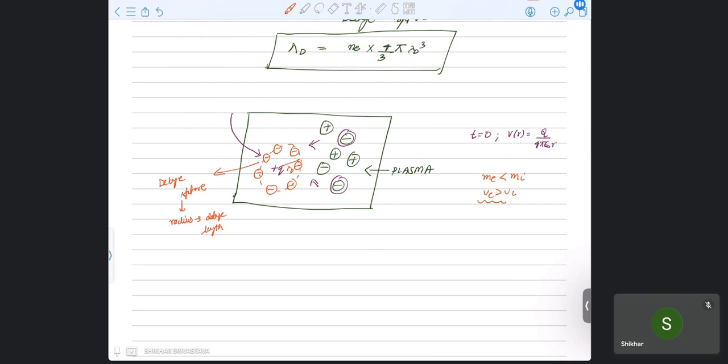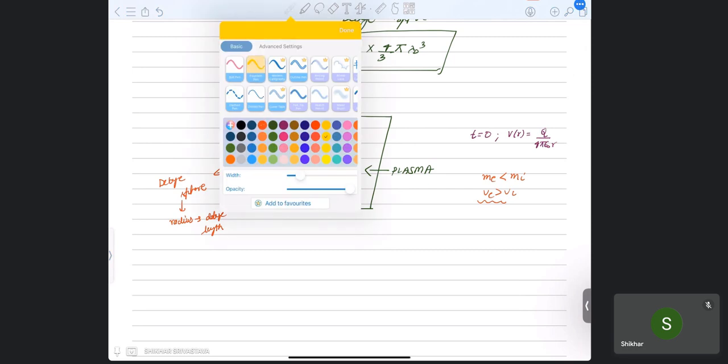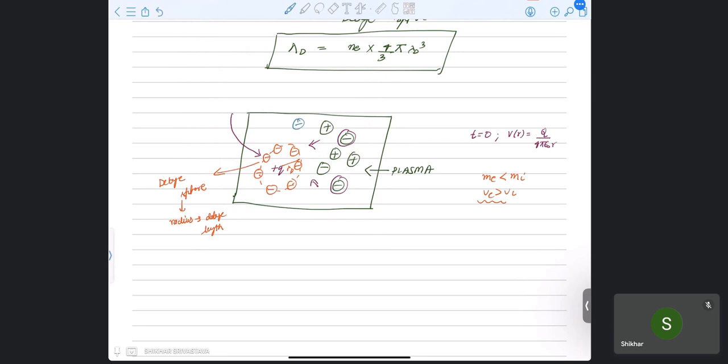Outside this Debye length, suppose some negative charge is situated here. This negative charge will not feel the attractive Coulombic force of this positive charge, because the potential, which we have just derived, follows this form: 1 by 4 pi epsilon naught, q upon r, exponential of minus r upon lambda.